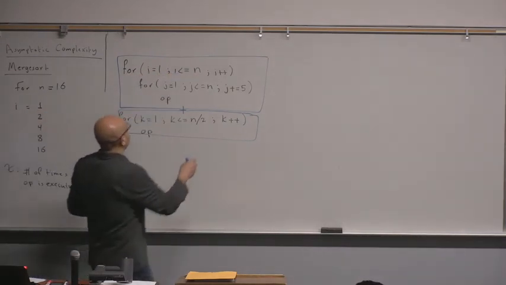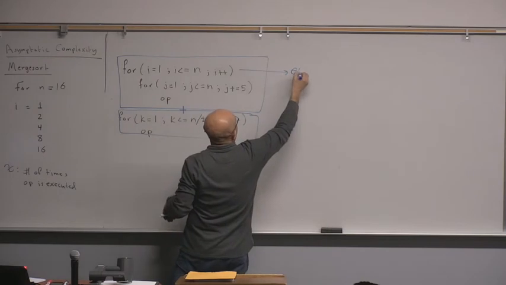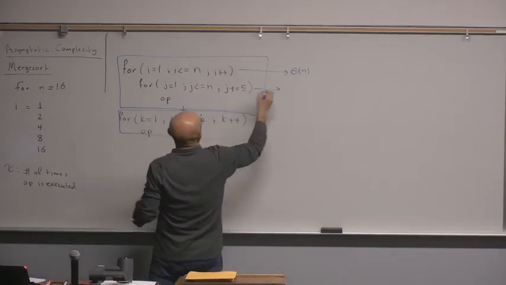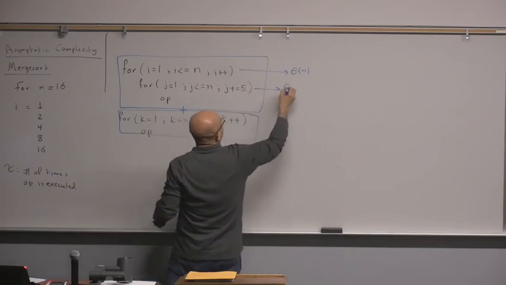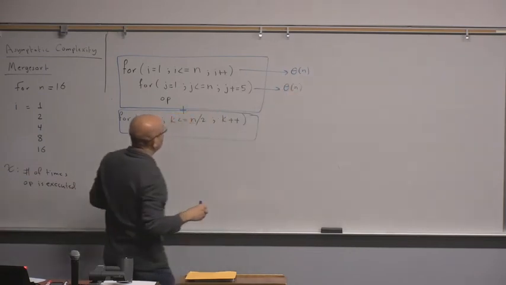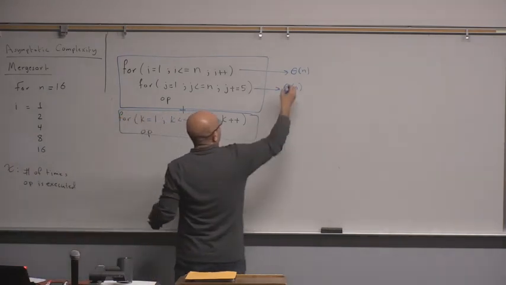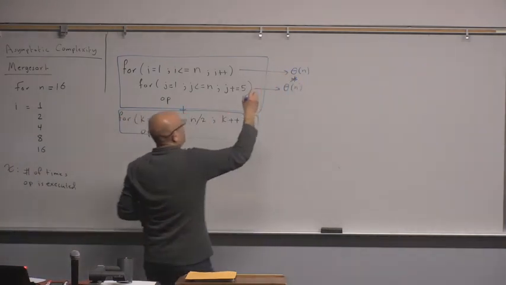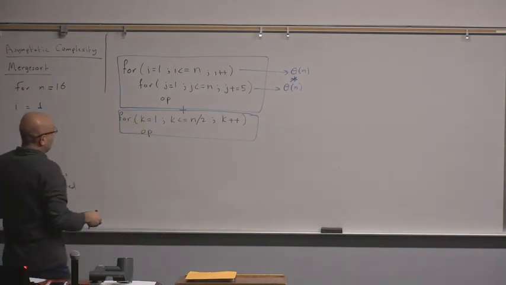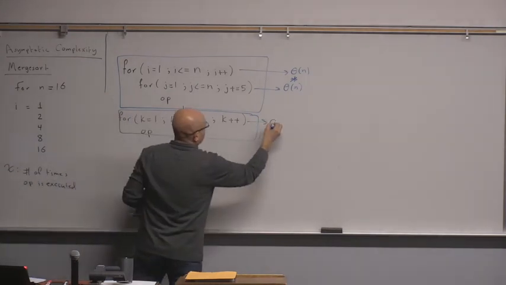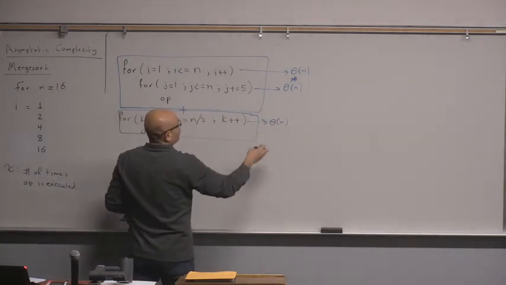So this by itself is theta n, and this by itself is also theta n. The relation between these two is multiply. And here, this is also theta n, but we add it.